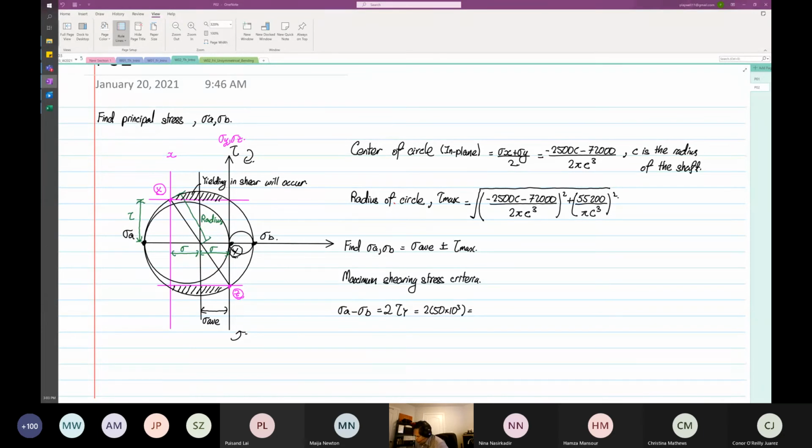This will be equal to 100 times 10 to the power 3 psi.